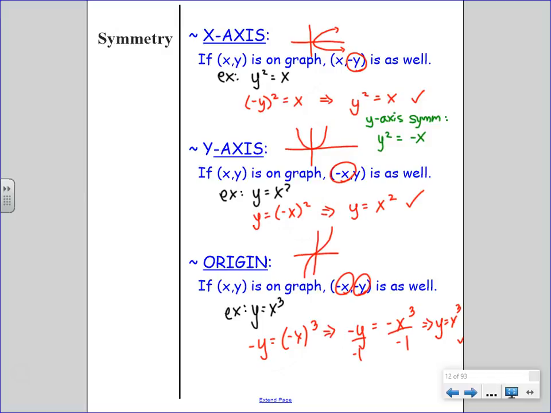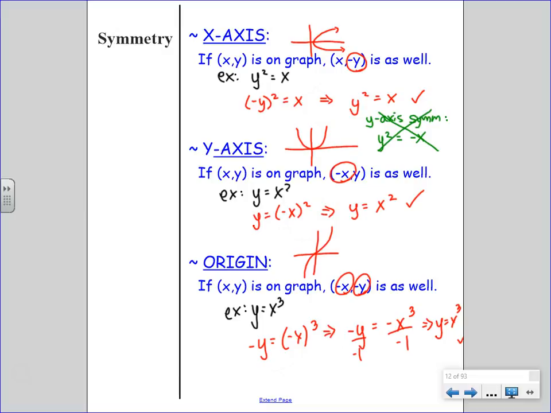Simplify. I could multiply both sides by a -1, but then the negative's over here. Long story short, is it the same? This function does not have y-axis symmetry because you plug in the point and simplify, and it's different. It's not the same. It doesn't stay true with the original function equation.